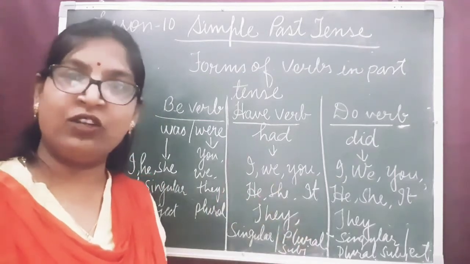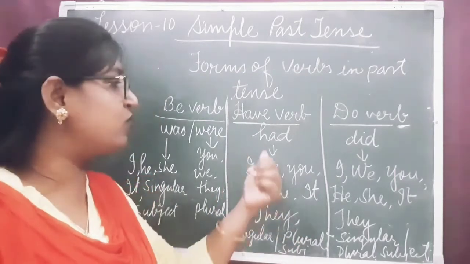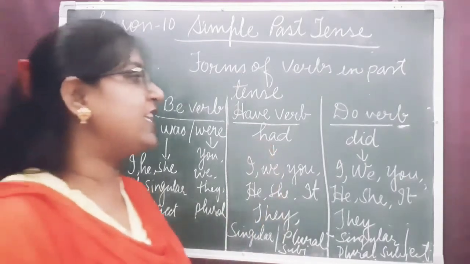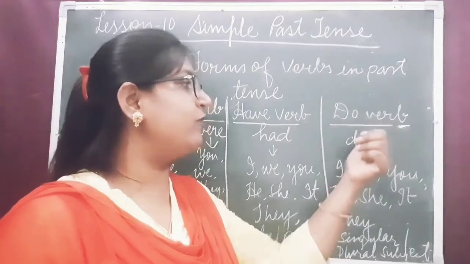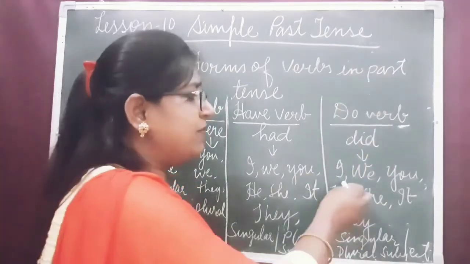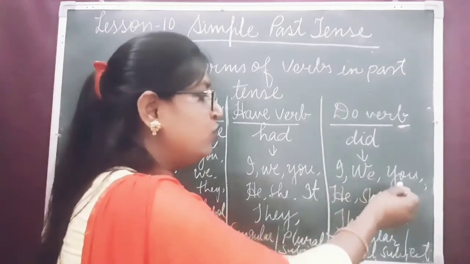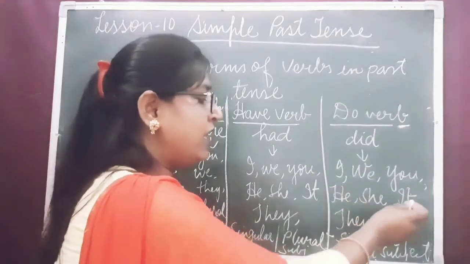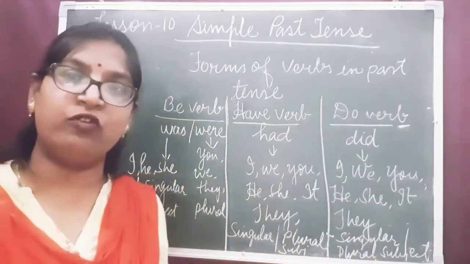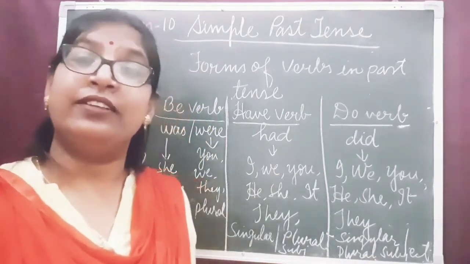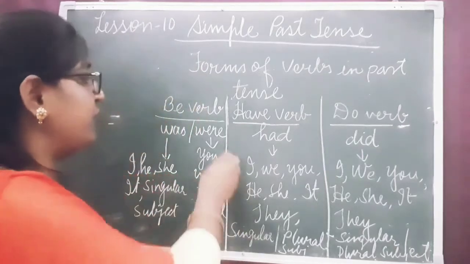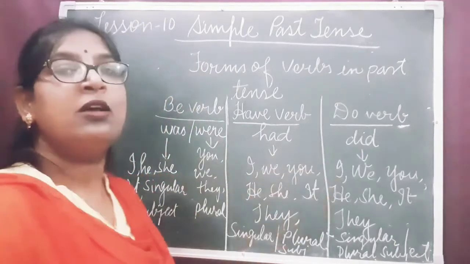In the same way, the do verb form did is used in past tense, and when the subject is I, we, you, he, she, it, they, or any singular or plural subject, we use did. Is that clear to you, dear children? These are the different forms of the verbs we use in past tense.